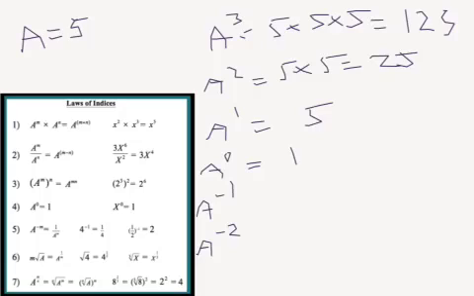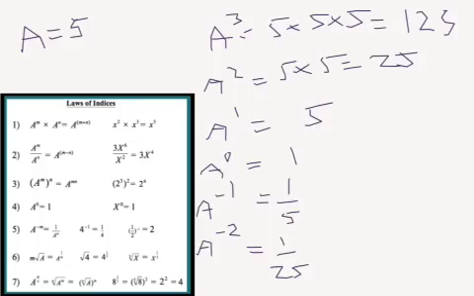Okay, so that's going to equal A to the power of negative 1, where we get the reciprocal, which is 1 over 5, and then we get 1 over 5 squared, which is 1 over 25, proving the next index law, which is A to the negative n equals 1 over A to the power of n. And that's kind of nice and easy.